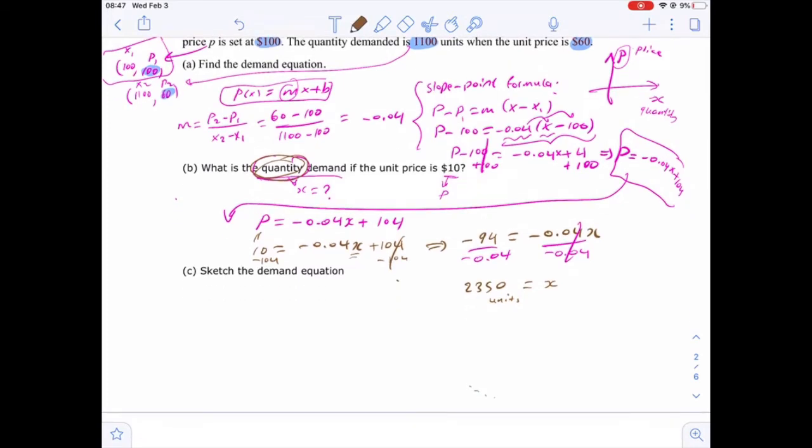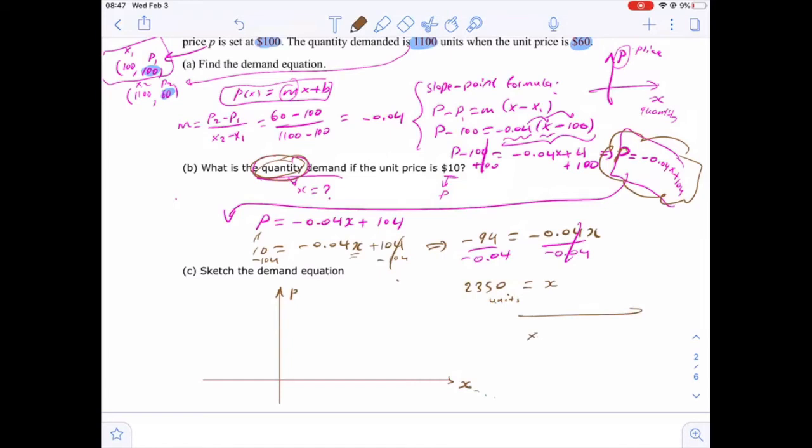Now part C, we want to sketch the demand equation. To sketch it, we start with the horizontal axis that represents x, and the vertical axis that represents P, the unit price. Since we want to graph P equals negative 0.04x plus 104, we need to find the x-intercept and y-intercept.